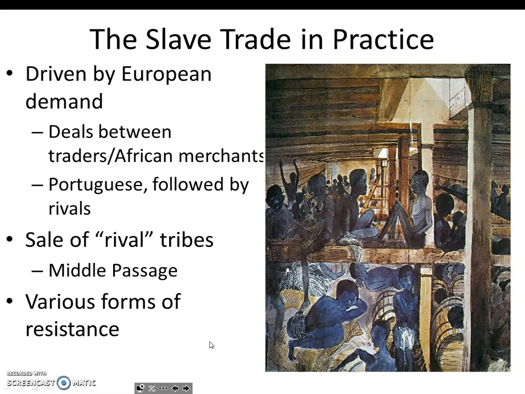Escaped slaves often mixed with Native Americans within these maroon societies, and Palmares in Brazil was the largest. We know that there were at least 10,000 people in this community, and it included escaped slaves, Native Americans, mestizos, and some whites.